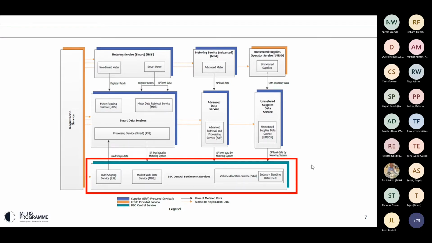Amity, has anybody submitted any questions yet on this, or should I just carry on? We had a few questions in advance. Do you want to take some of those now? Yes, if they relate to BSC Central Services, because I noticed some of the pre-submitted ones seem to relate to the advanced segment, and that's sessions this afternoon.